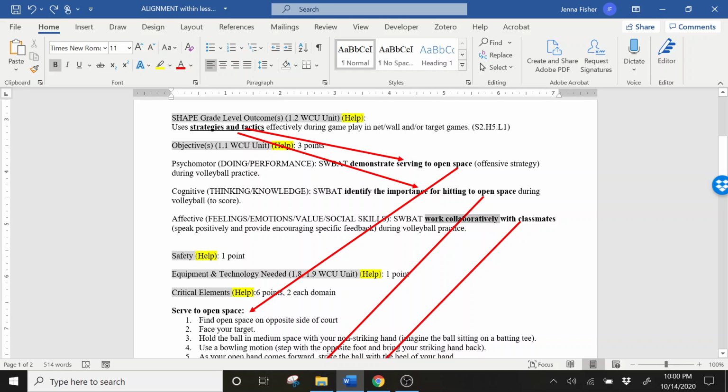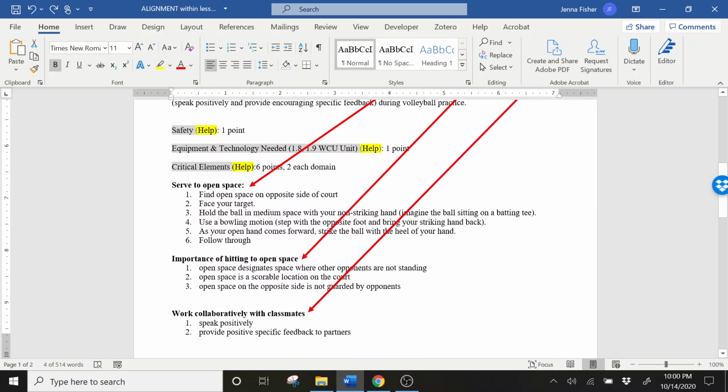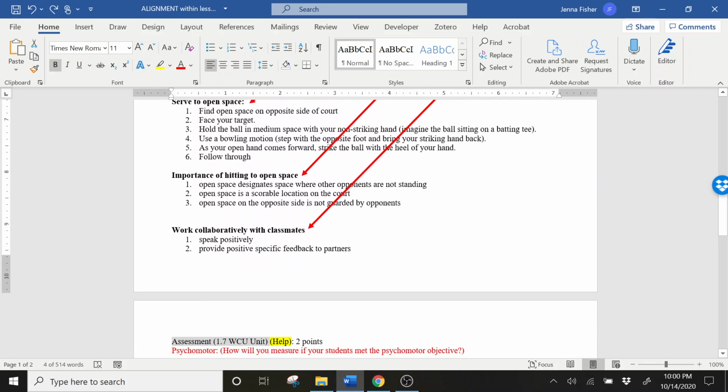So working collaboratively with classmates is that product or outcome. That's what I'm looking for. So now I need to describe specifically what that looks like, and I have that identified here. I want them speaking positively and providing positive and specific feedback to their partners.